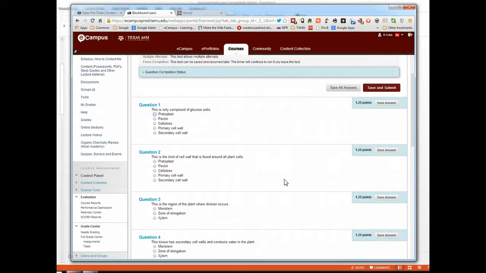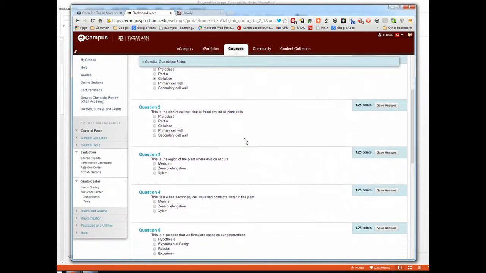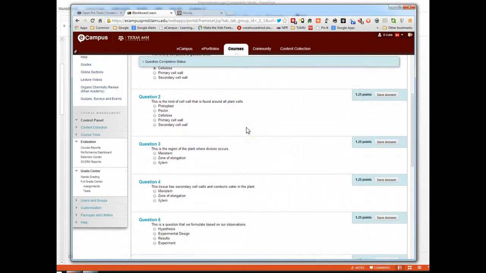This is only composed of glucose. Which one of those? Cellulose. Survey says cellulose. This is the kind of cell wall that is found around all plant cells. The primary cell wall, let me tell you, it's outside of all the other cell walls.